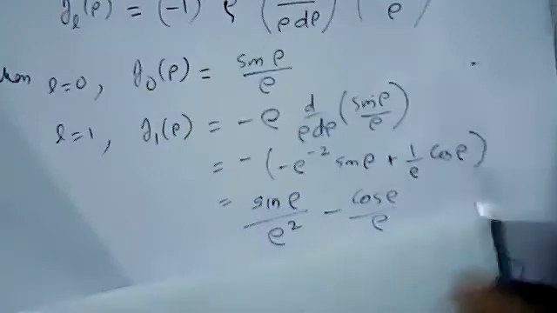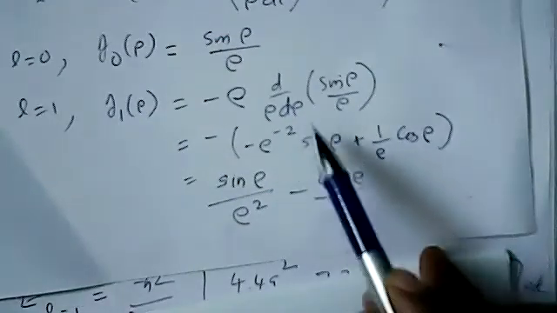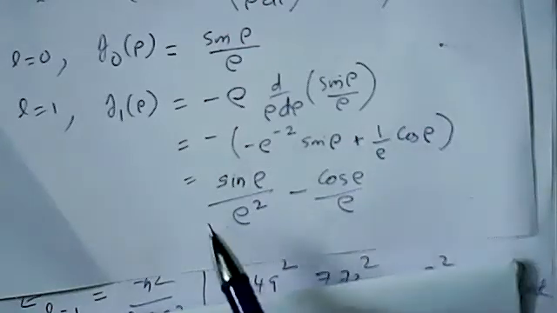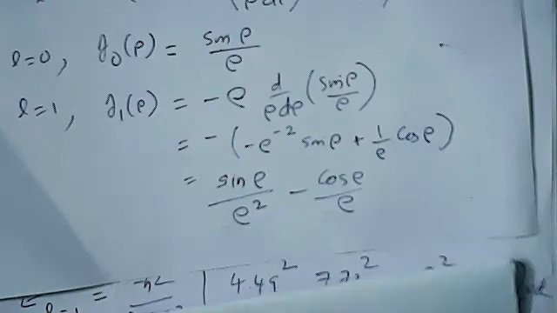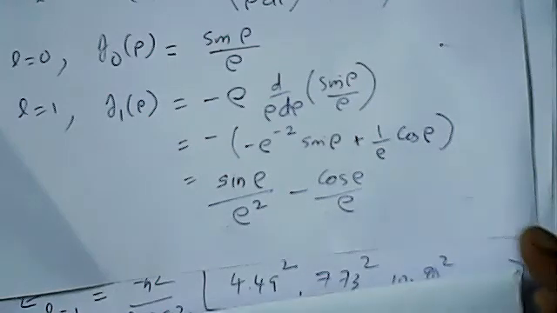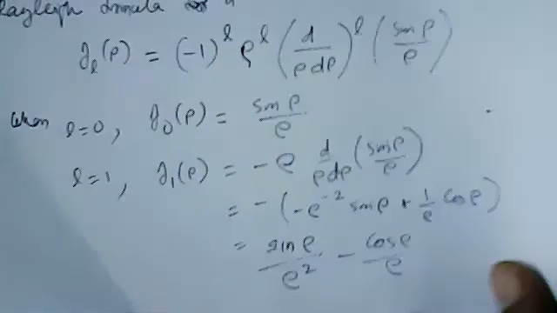Rho to the power of minus 2 means 1 by rho squared. Minus into minus is plus. So sine rho by rho squared minus cos rho by rho. That is J_1. So that gives J_0 and J_1.